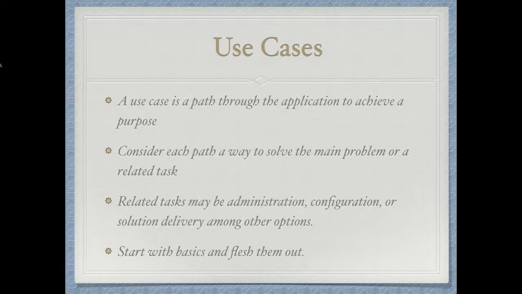Something that would point to the main problem in the banking situation would be, I want to be able to get money out of an ATM. Well, the use case of putting your card into the machine, entering an ID, selecting an amount, that would be a primary use case. But there may be a side use case of, I need to be able to check my balance, or a side use case of, I need to be able to deposit money.